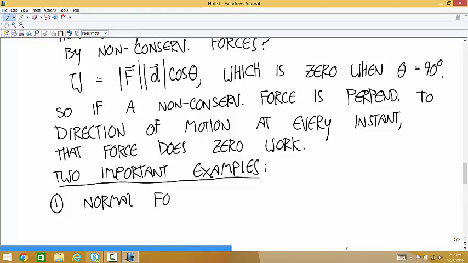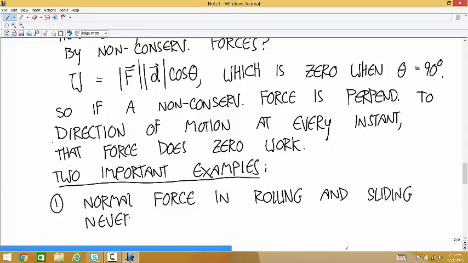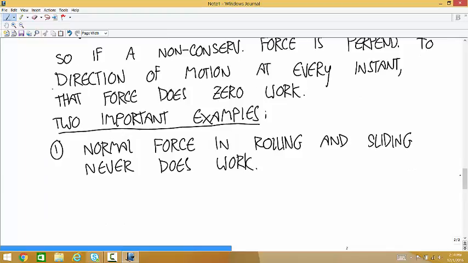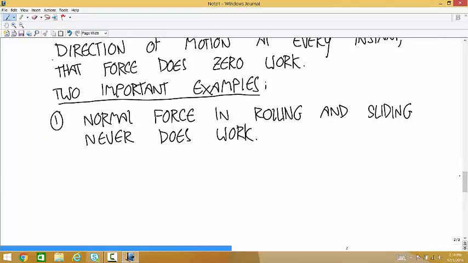So normal forces in rolling and sliding problems never do work.